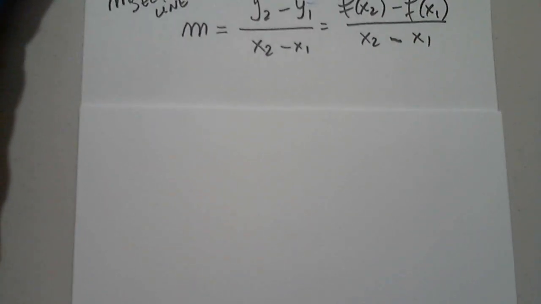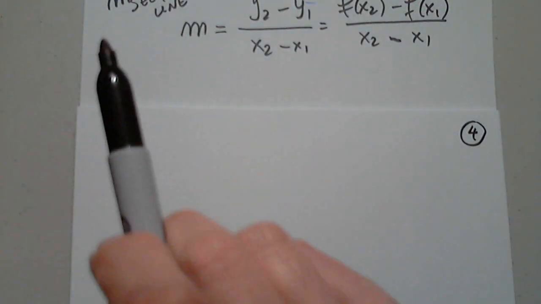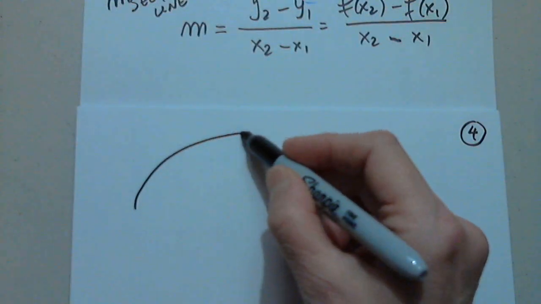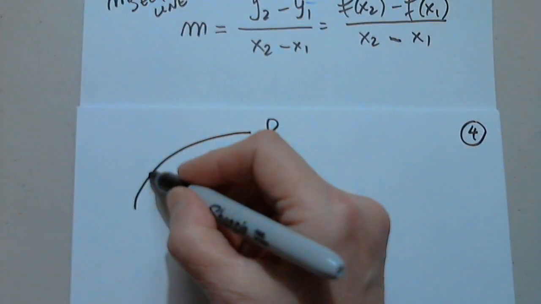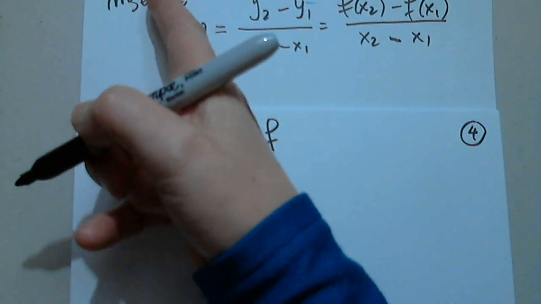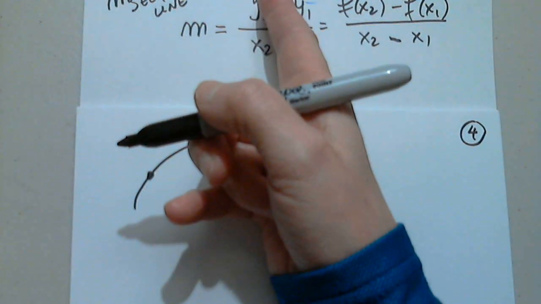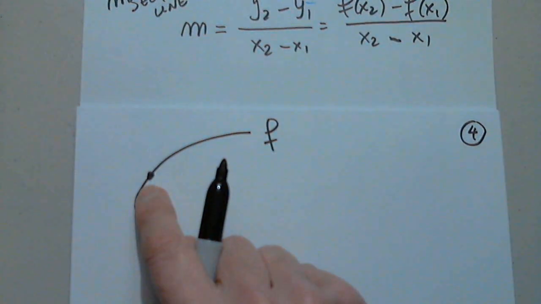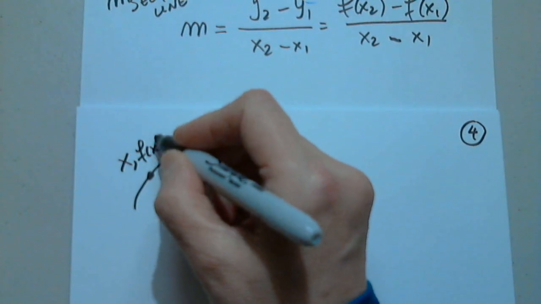Okay, how is this related to what we are trying to find? Here it is. I'm going to graph the same function. I'm going to graph the same points, but this time I'm going to change the coordinates. I'm going to put something different here. For this point, I'm going to put the same, but x comma f of x.